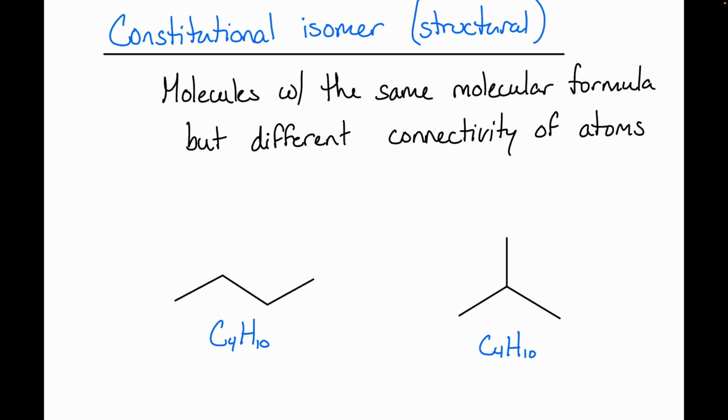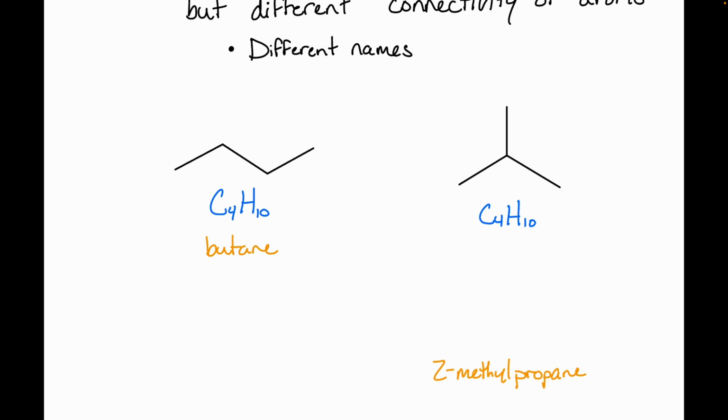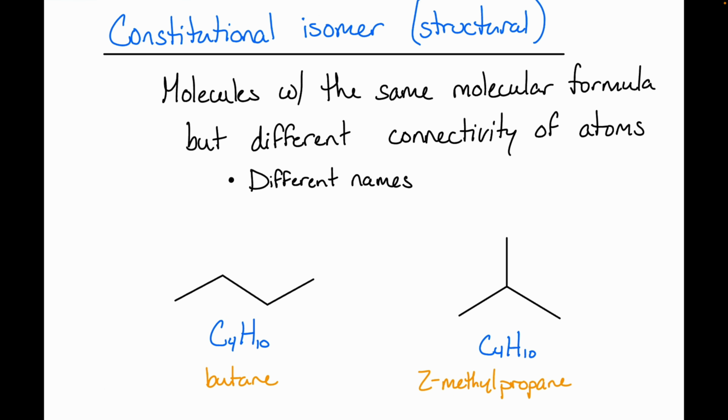One easy way to spy a pair of constitutional isomers is to go in there and apply your naming rules to those molecules. Right? These will have different names. So again, this was butane, and this was 2-methylpropane. That different connectivity of atoms leads me to name these compounds differently.